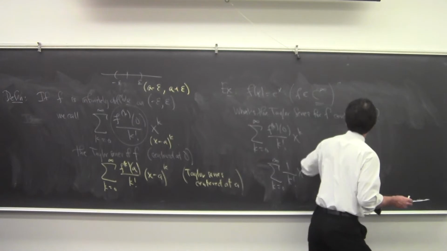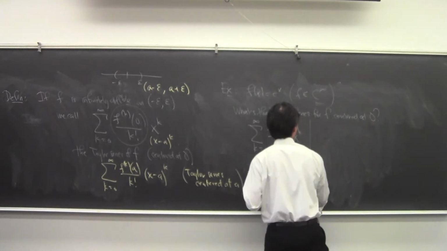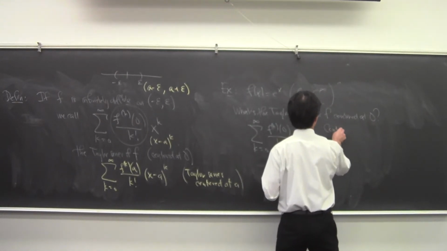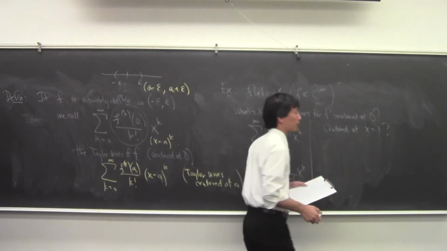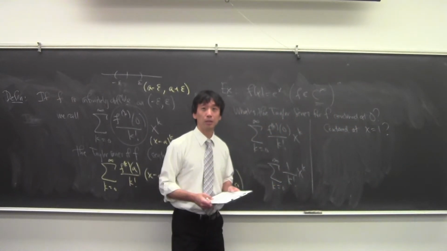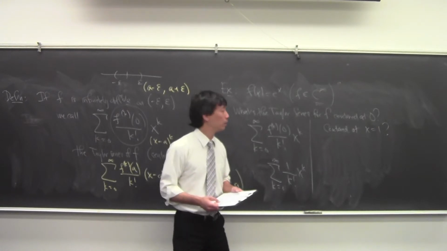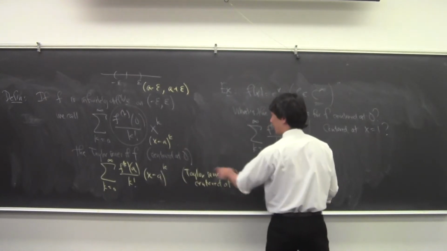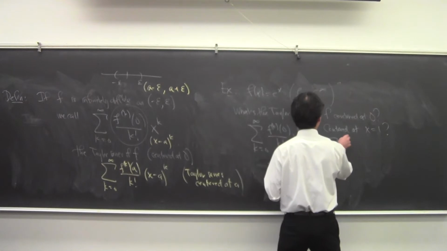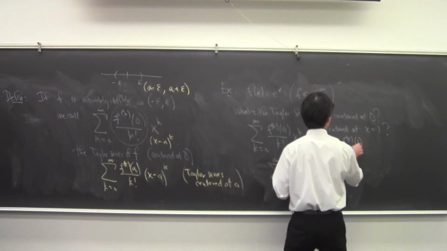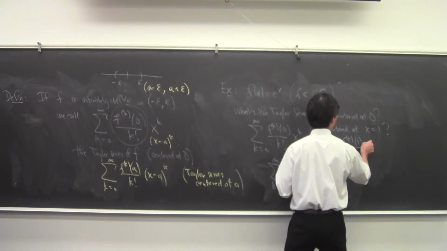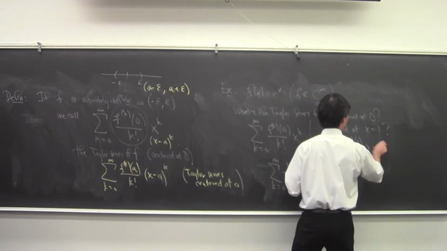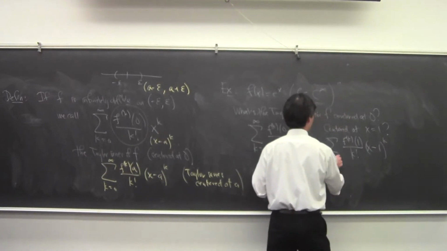What about the Taylor series centered at x equals 1? Again, following the formula, I need to take the derivatives, evaluate them at 1, and then divide by k factorial, times x minus 1 to the kth power.